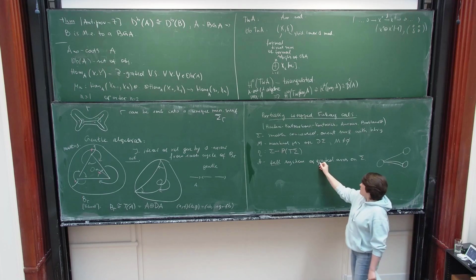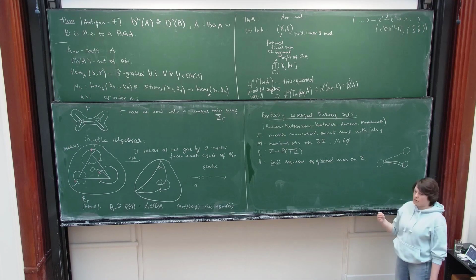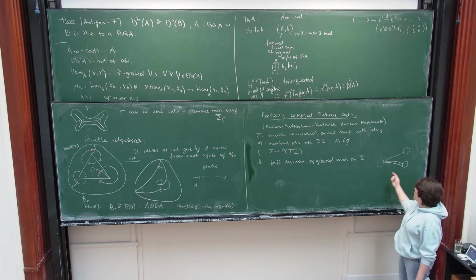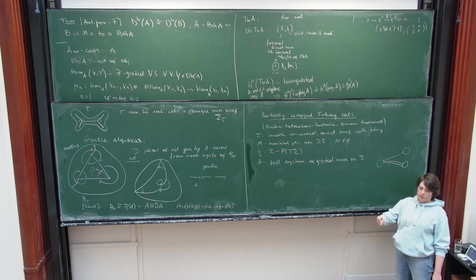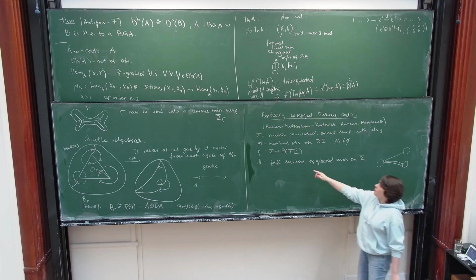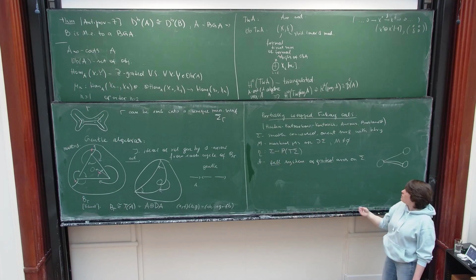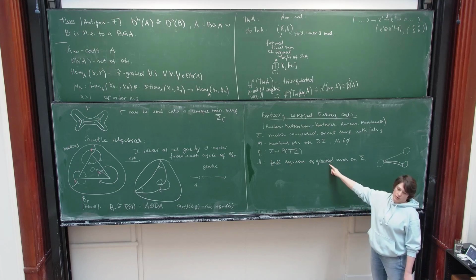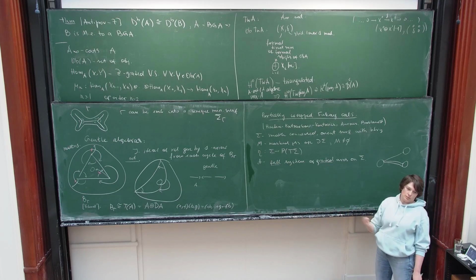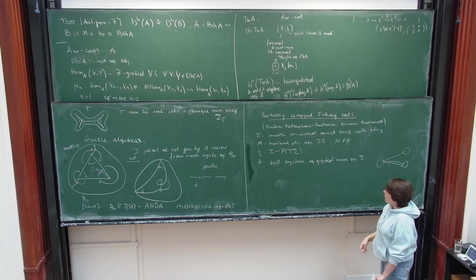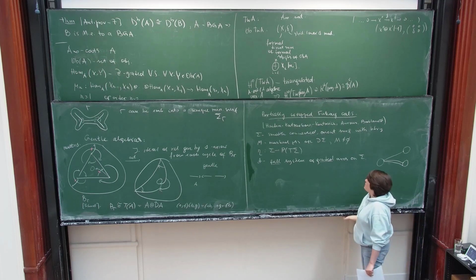The fact that it's graded is saying that we fix a homotopy between, so if we have a curve, then at the point of the surface we have the line field, and we also have the derivative of the curve, and we're fixing a homotopy between them. Okay, so this is the setting.